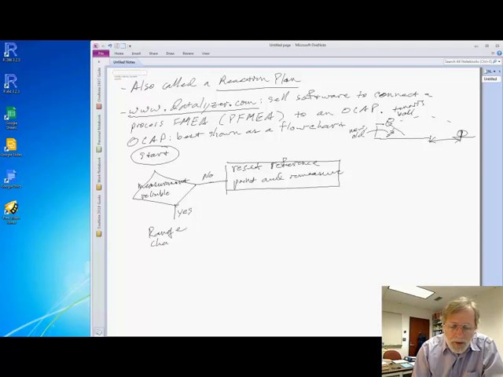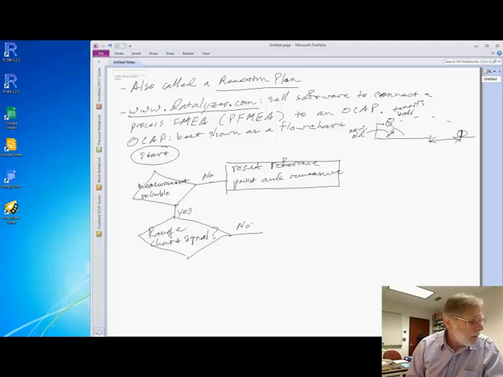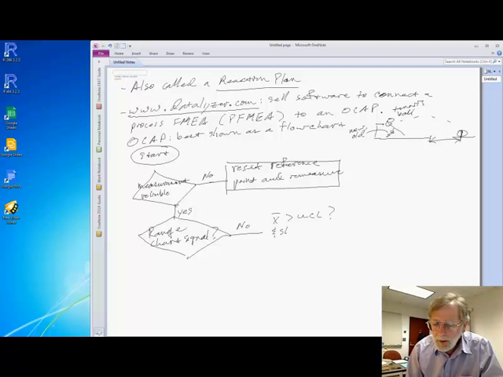Do you have a range chart signal? Well, if the range chart hasn't given you trouble, then you can go over to X bar bigger than the upper control limit, and slow increase.